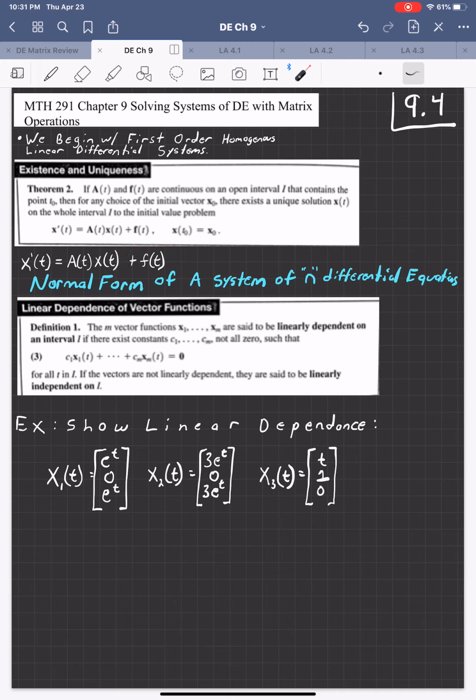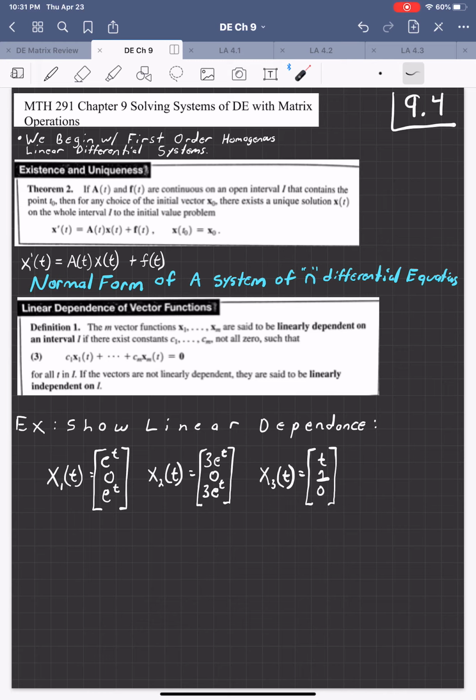This is referred to as the normal form of a system of differential equations, and in fact n differential equations, meaning we can have n different differential equations, but this is the form. This is what we call the normal form.